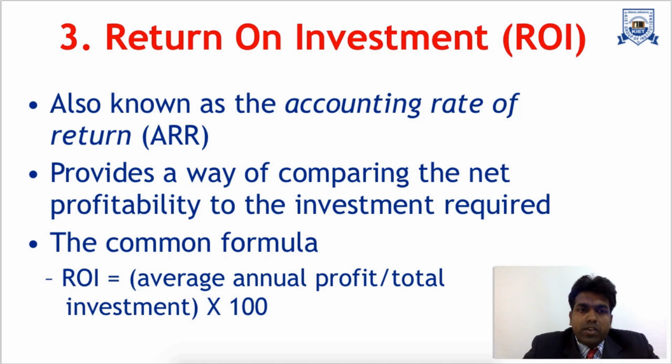ROI can be calculated by this formula: average annual profit, whatever annual profit we are getting, we take the average of this, then divide by total investment, whatever the total cost is, and multiply by 100.